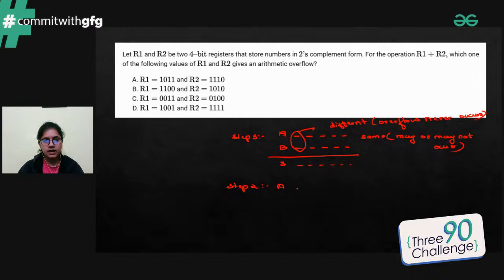Now let's say we have the bits for A, we also have the bits for B, and after doing the sum, again we have the bits. If we compare both of them, the answer can be that they are the same or they are different.